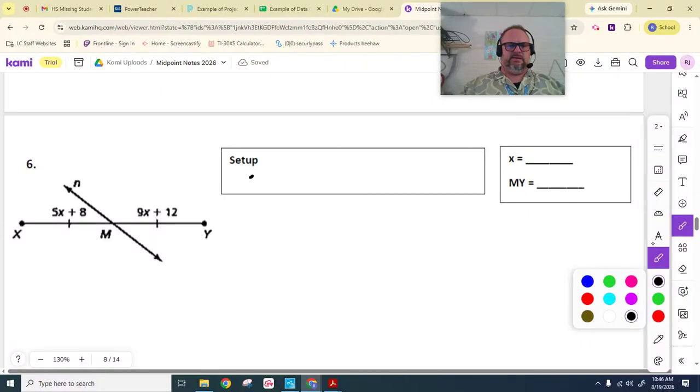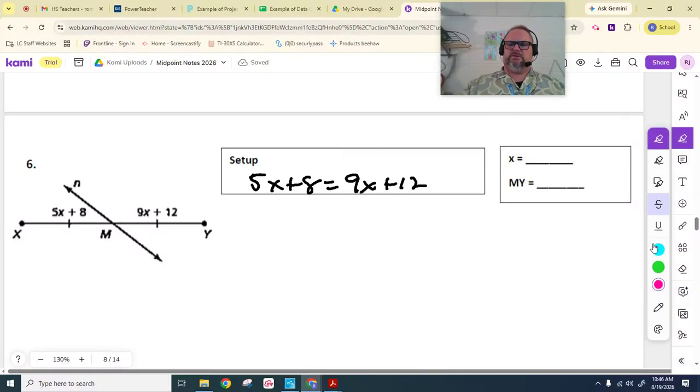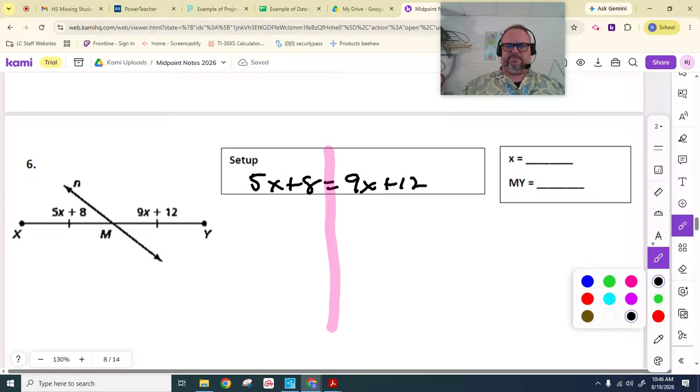So, 5x plus 8 equals 9x plus 12. Minus 9. Finally, a different number that's not 3 and 5, or 8 and 3. Negative 4x plus 8 is 12.